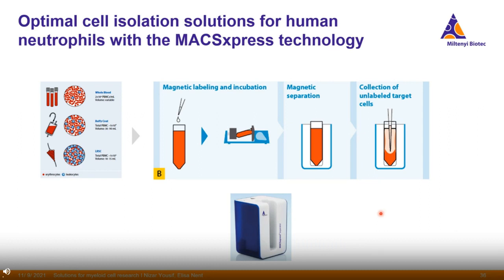In this method, erythrocytes are aggregated and sedimented, and non-target cells are removed by immunomagnetic depletion with the MaxExpress beads, and the untouched, highly pure target cells can then be easily collected, as you observe here in this illustration.